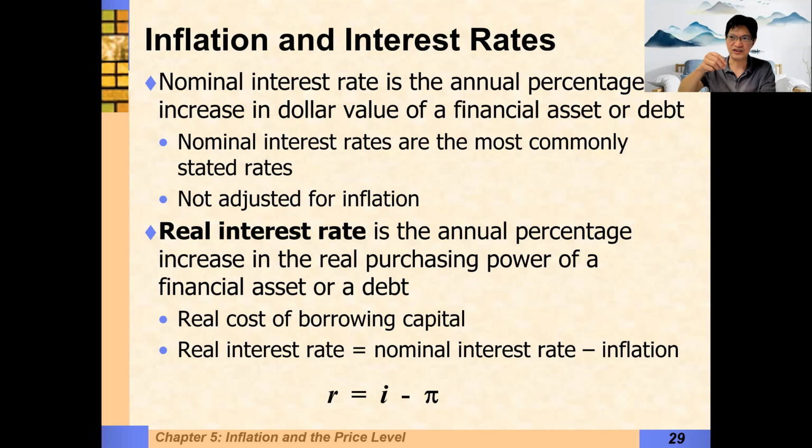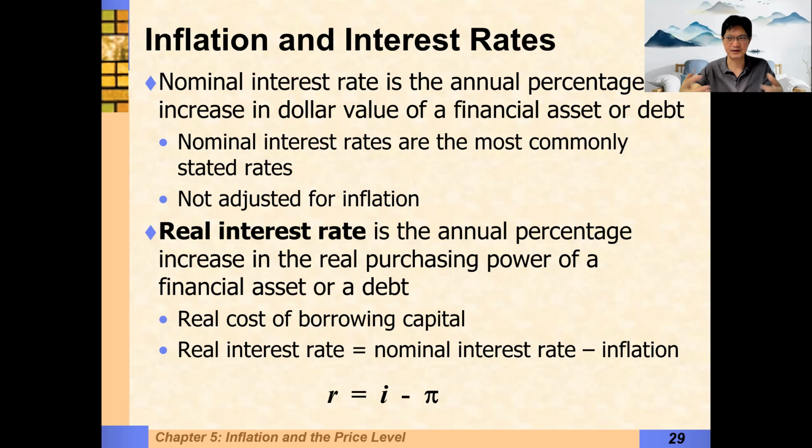So we need to adjust the nominal rate by inflation to reflect the true cost of borrowing money. After we adjust this, the interest rate is called the real interest rate. The real interest rate is the nominal rate adjusted by inflation, and it reflects the true cost of borrowing money, the true return on capital.